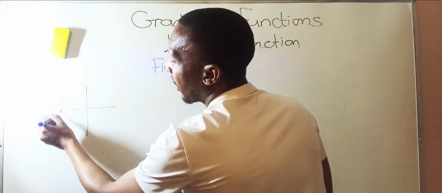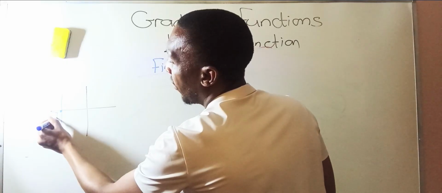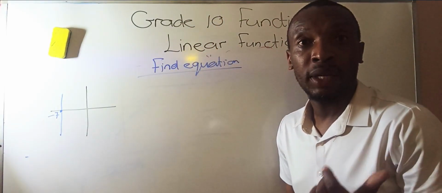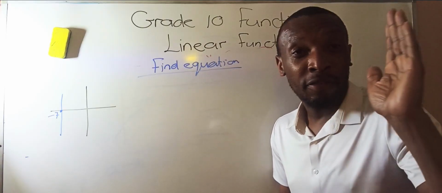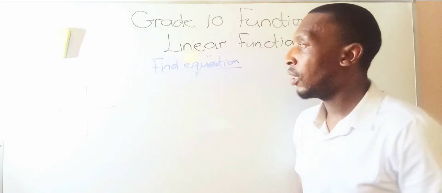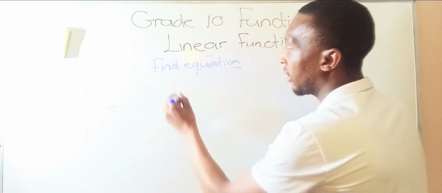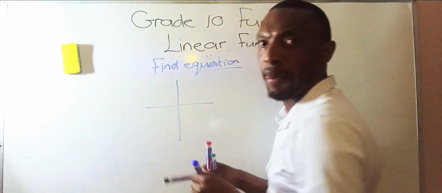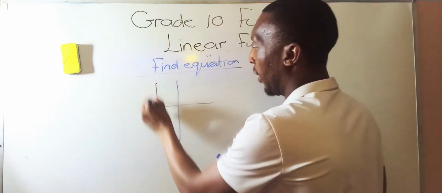It cuts my x-axis at -7. Remember, earlier, a vertical line has an undefined gradient. I don't know if you can see that. Let me draw it here. There, -7.